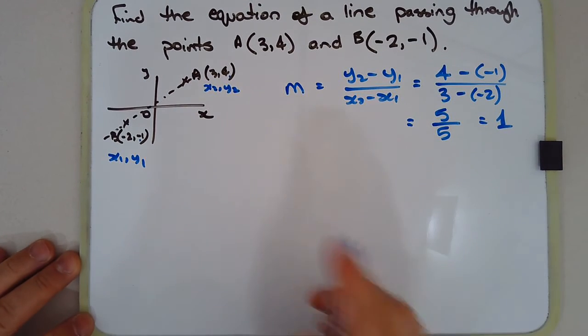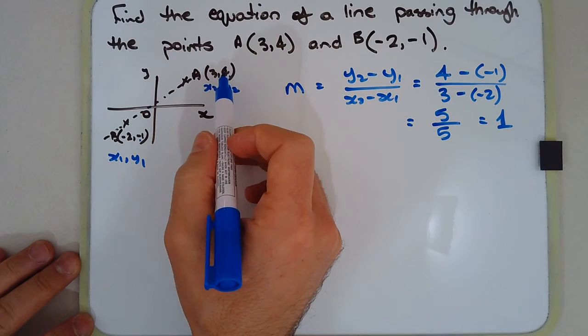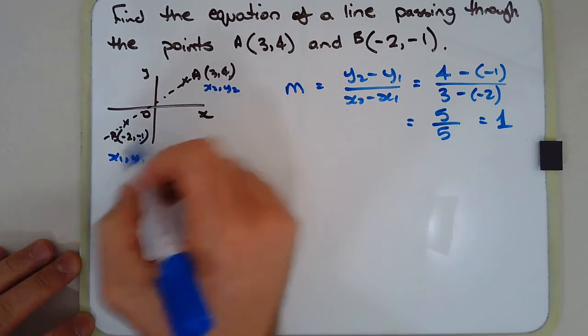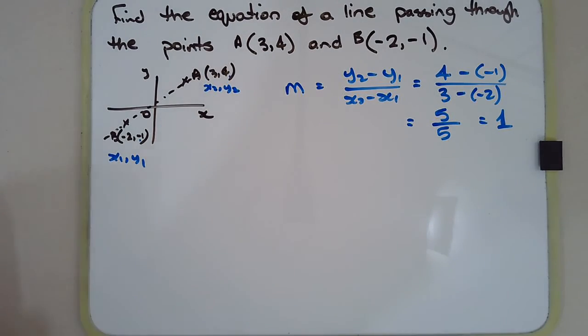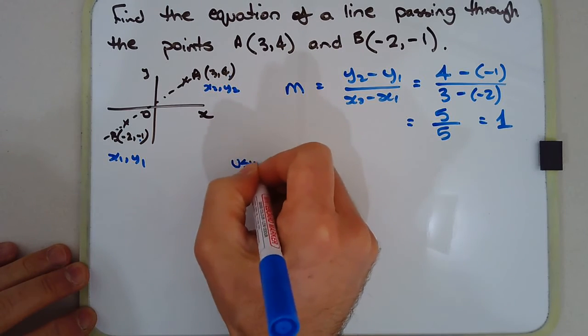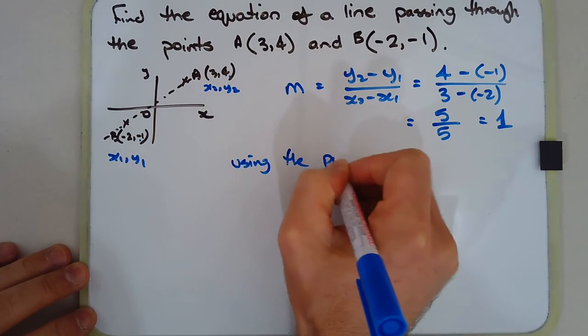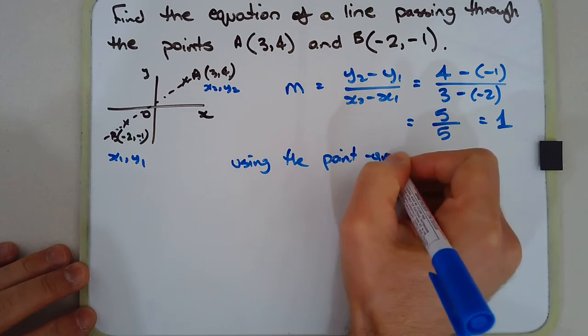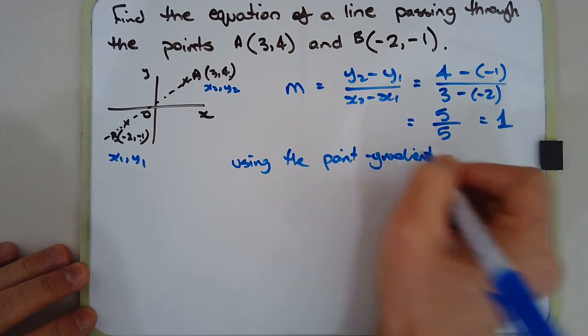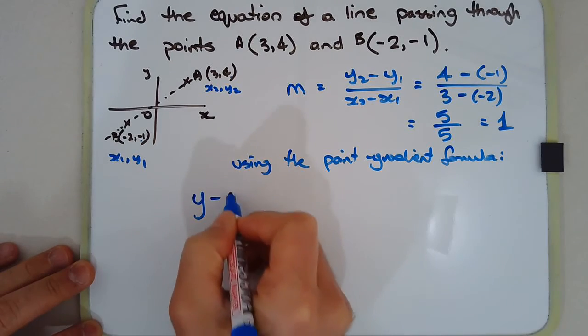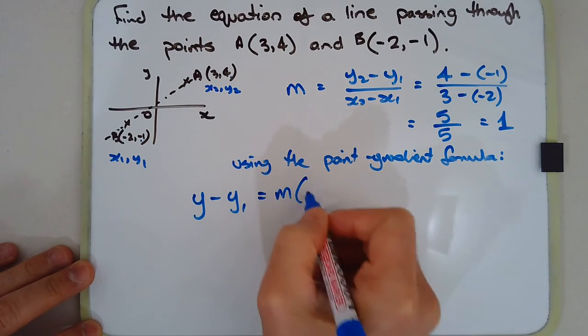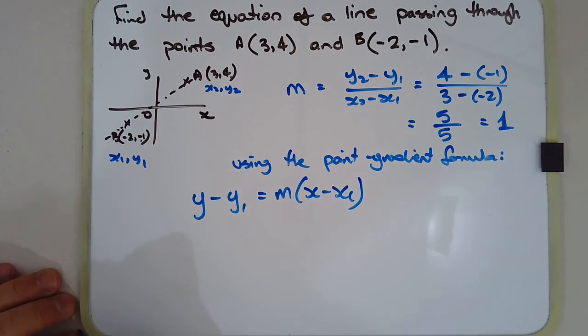So passing through a particular point. We're given 2 points here to pick from, and I'd like to pick a point that tends to use positive values, just a lot easier. So using the point-gradient formula, y minus y1 is equal to m times (x minus x1).